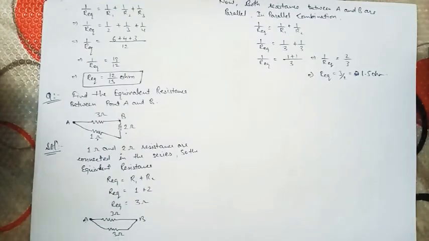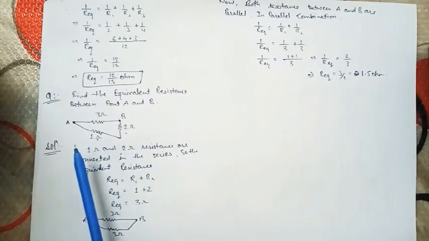so maybe you understand that sometimes there are series and parallel, both combinations are present in the circuit. So first we solve the question in such manner that we get the answer as soon as possible and in an easiest way.